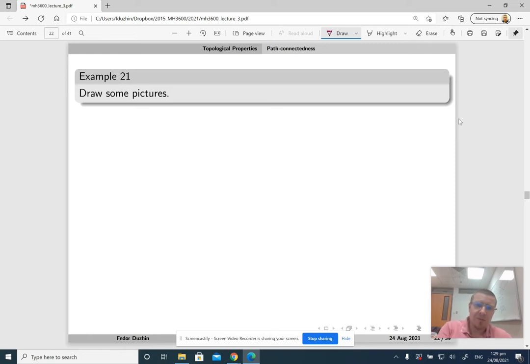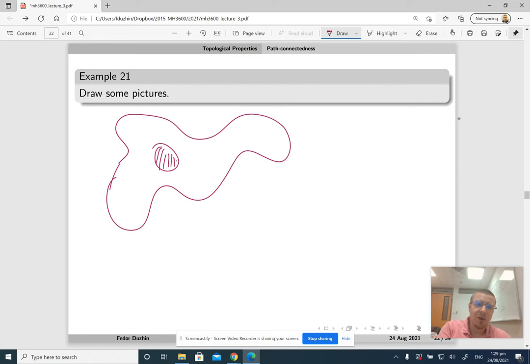Speaking of subsets of, say, the plane, if you take something like this in the plane, where the shaded region is not part of it, this is path connected. You take any 2 points, and there is a path from the first point to the second point.